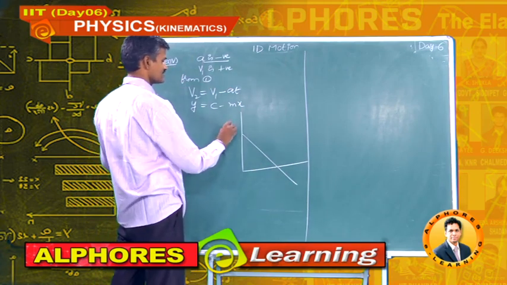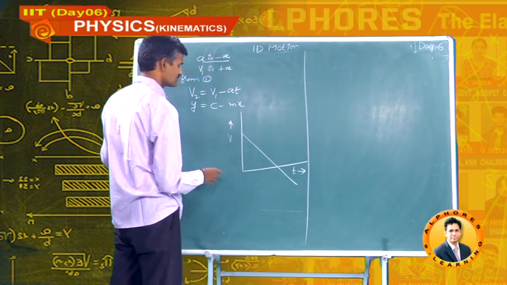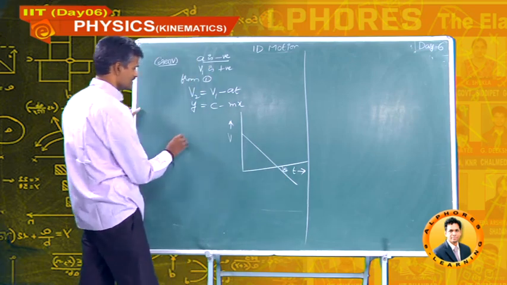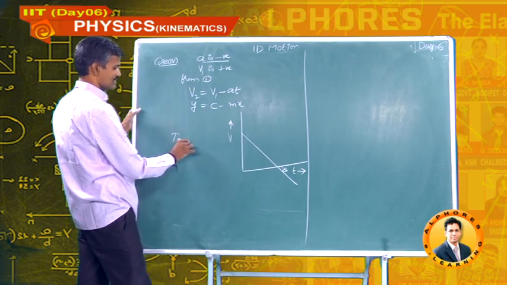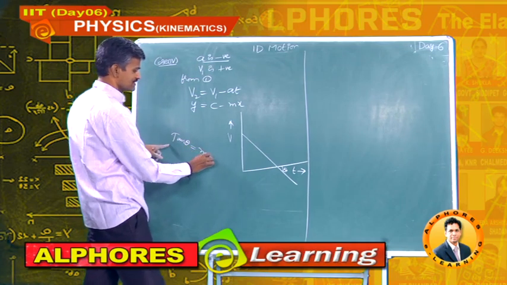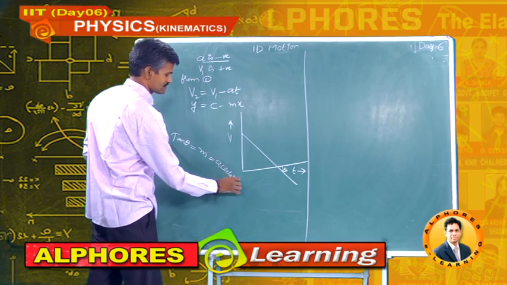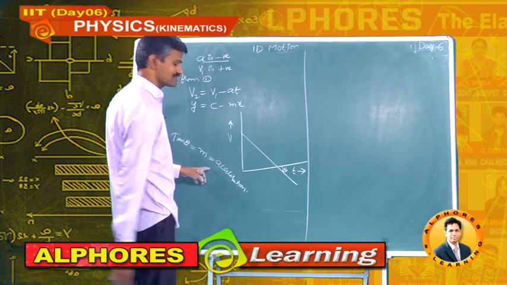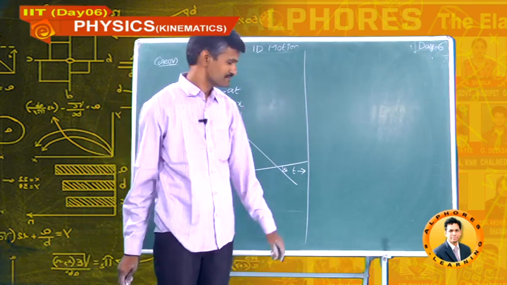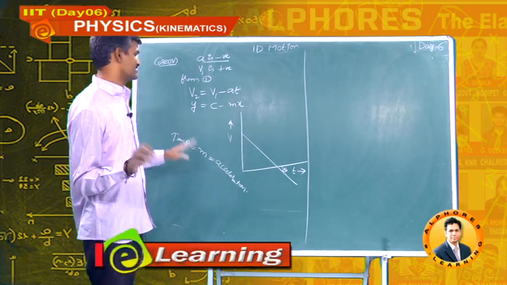This is the velocity axis and this is the time axis. So here also you can calculate a slope. This tan theta is a negative slope, and it is equal to acceleration. This negative acceleration has another name, deceleration. I will discuss it later. Even so, no problem at all, write it as acceleration.